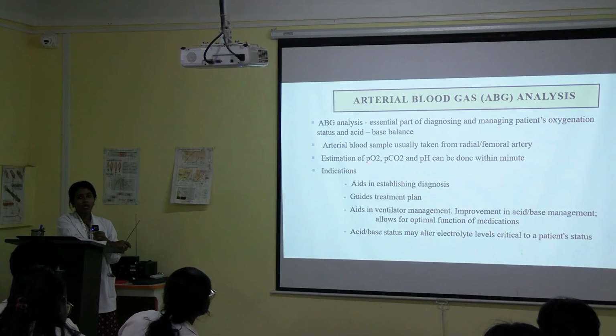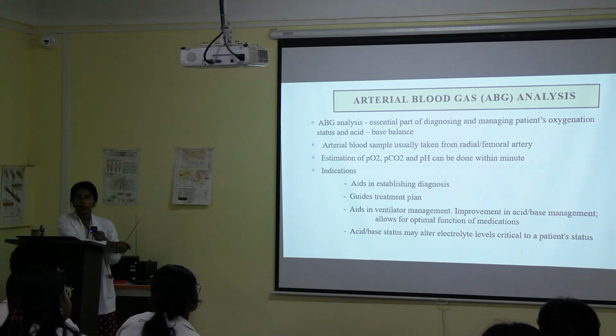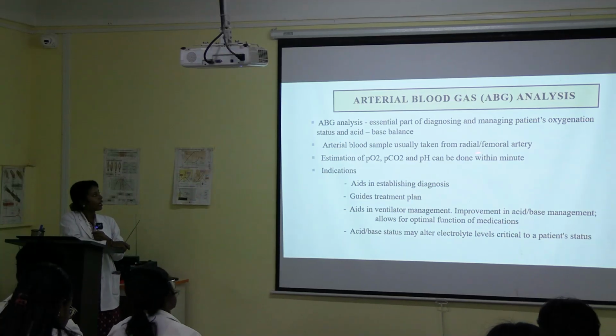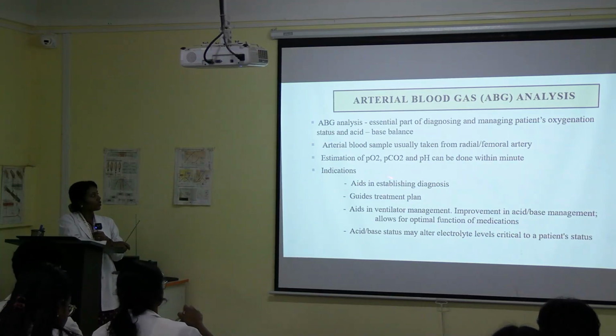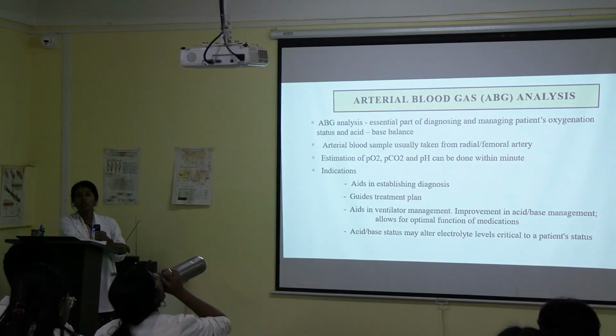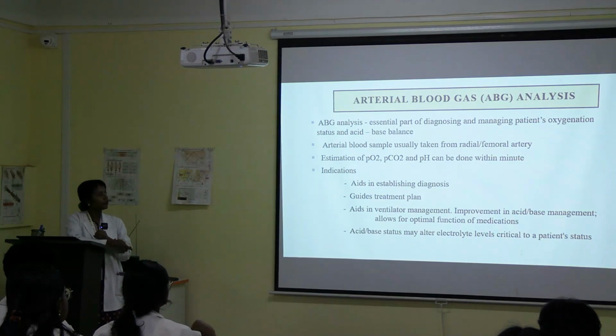Then they estimate the partial pressure of oxygen, carbon dioxide, and H plus. pH means the H plus concentration. These are the various indications. From there they can find out the acid base balance, respiratory alkalosis, acidosis, all those things.